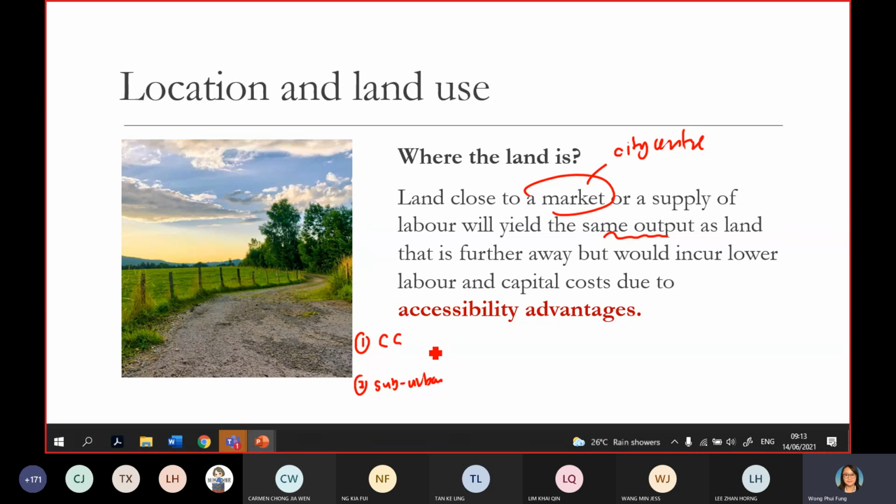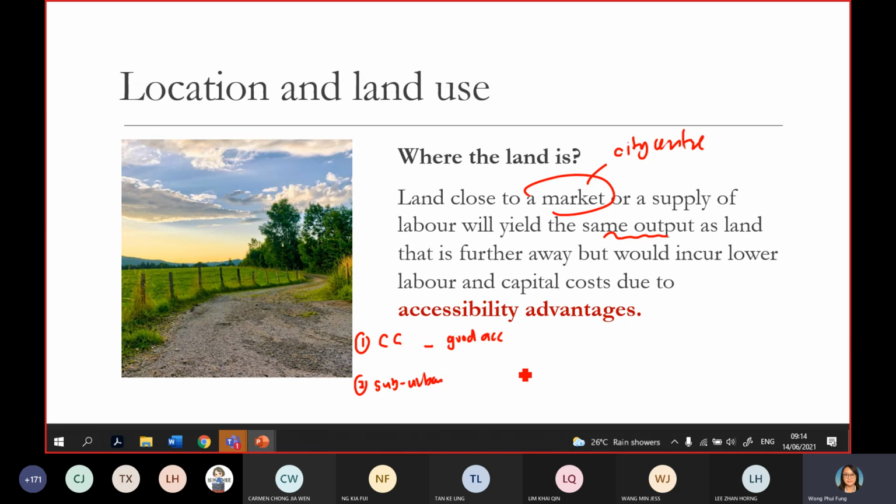City center, you know that is the best location. Why the best location? Because of very good accessibility. Access to what? Access to labor, and most of the people will focus their business in the city center. It is linked to major highways, there are many public transportation options, and it also has many building amenities.